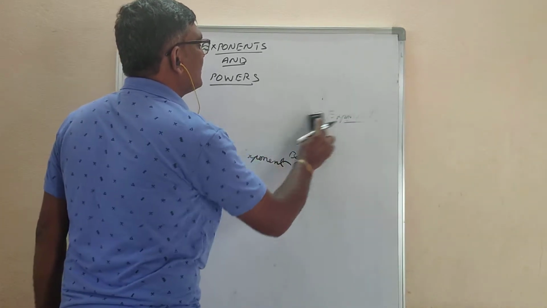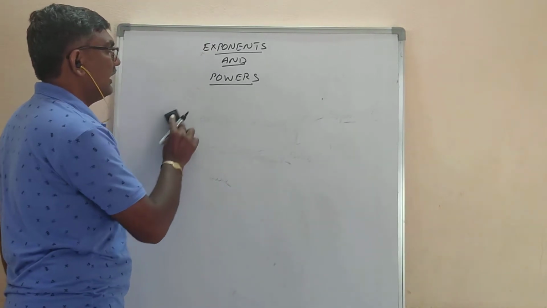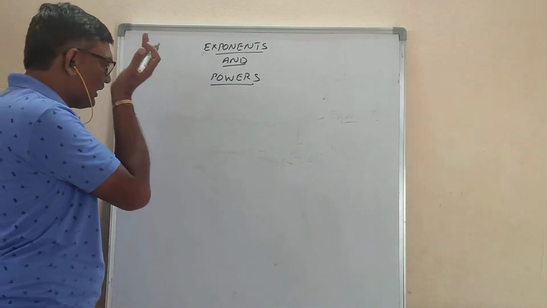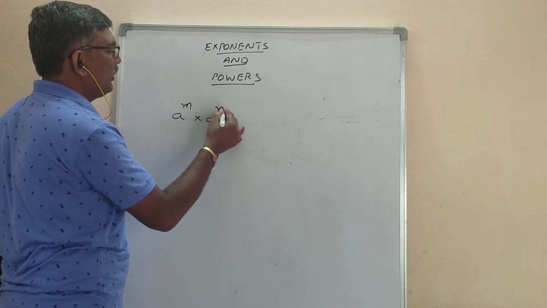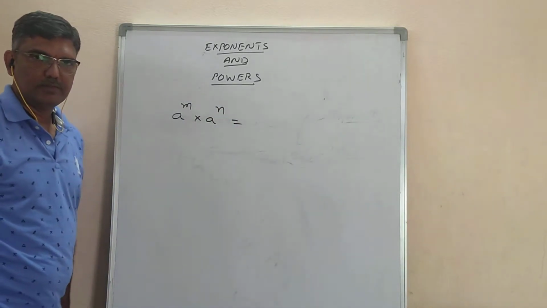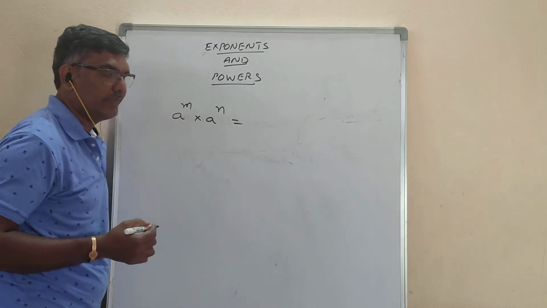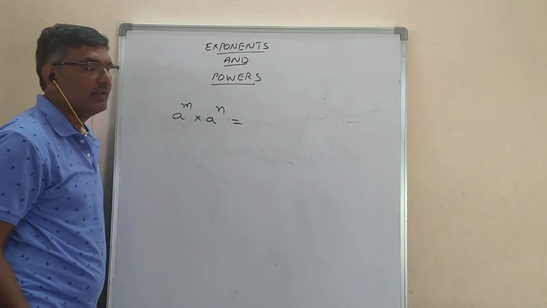Now we have some rules to do the problems in exponents and powers. So here the rules are a to the power of m into a to the power of n. See, in a to the power of m the base is a. In a to the power of n the base is a.